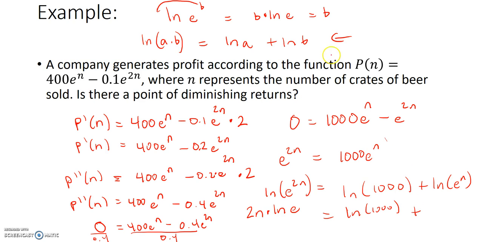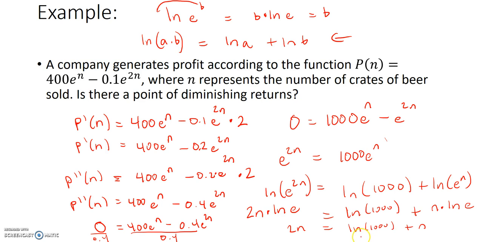So again, I get to use property 1 here and move that exponent as a coefficient times the natural log of e. So that gives me 2n equals the natural log of 1,000 plus n, and now I need to solve for n.